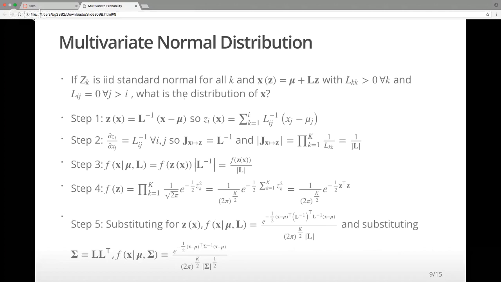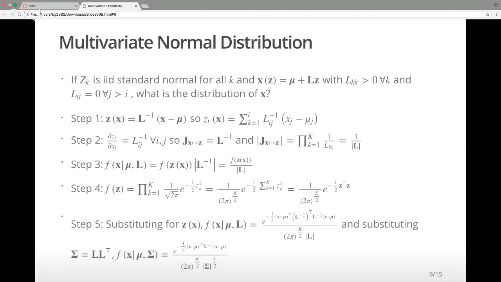Now, this is not the form that you see most often in books, even though this is the form that is usually going to be most useful for Stan. What most books do is make a further substitution, letting sigma be equal to L times L transpose, and noting the fact that this is equal to sigma inverse.